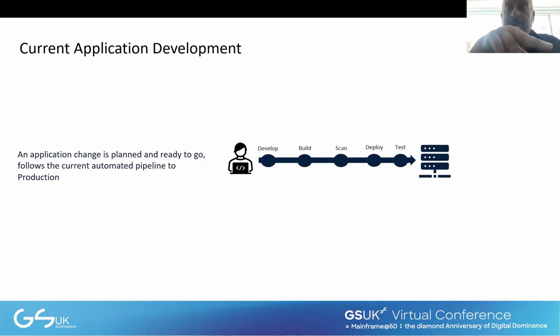And that's going back and forth, a continuous circle, until they're ready with their change. Then they check their change in and they're doing a build. You have a pipeline that basically takes that change, hopefully, and starts pushing it down a workflow or a pipeline to build it, to scan it, to deploy it, and to test it.